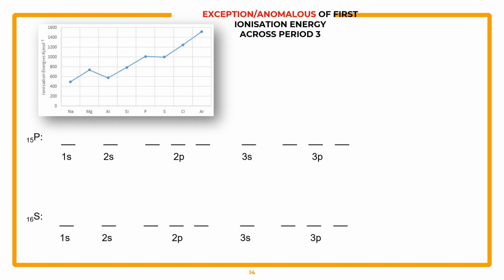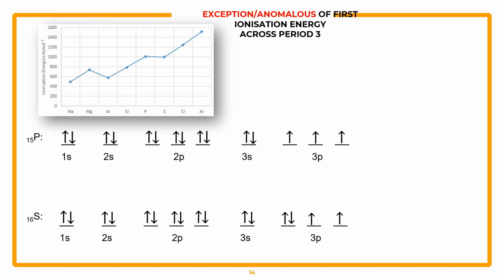Okay, let's look at the orbital diagram for phosphorus and sulfur. Phosphorus has 15 electrons, so you arrange 15 electrons in this orbital diagram. And sulfur has 16 electrons.